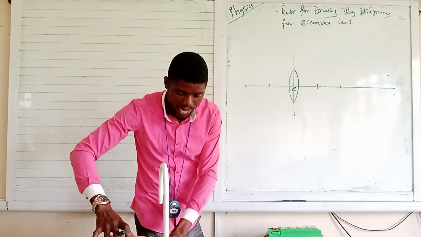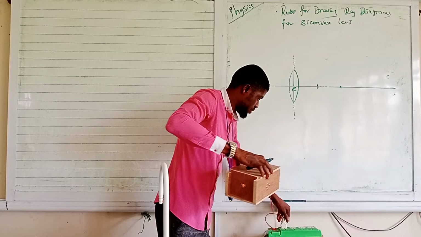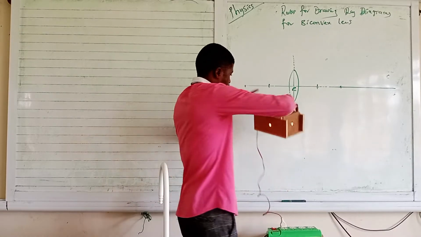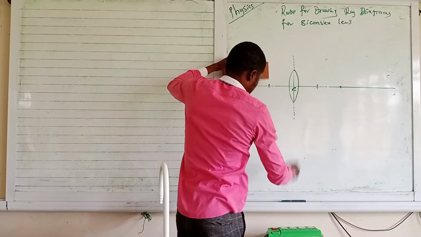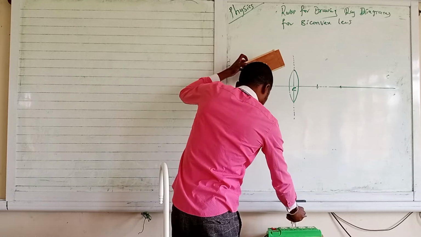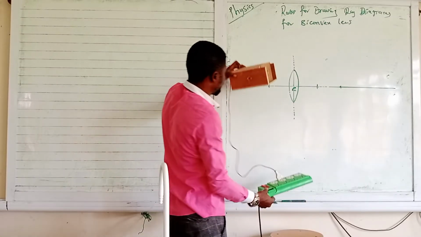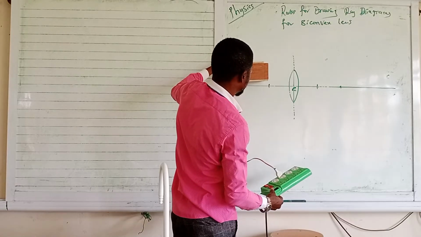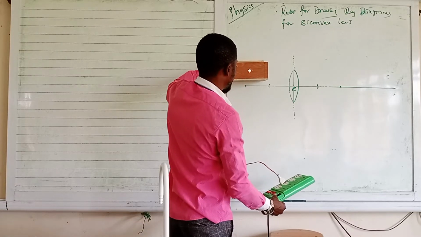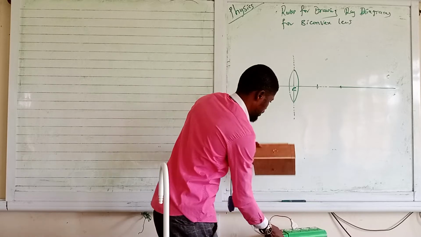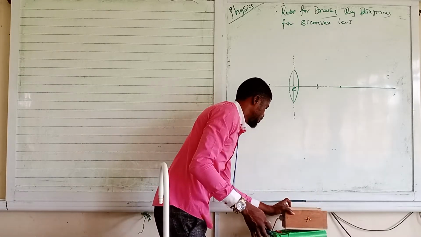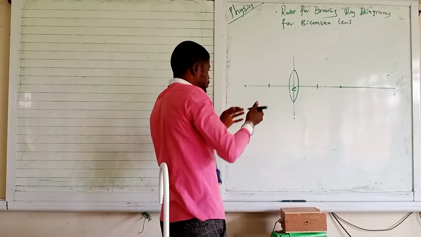In the experiment, this is what you should expect. You see this light? It will come from this angle. So we are going to represent this light with a straight line, arrow up. But before we do that, let's level this.